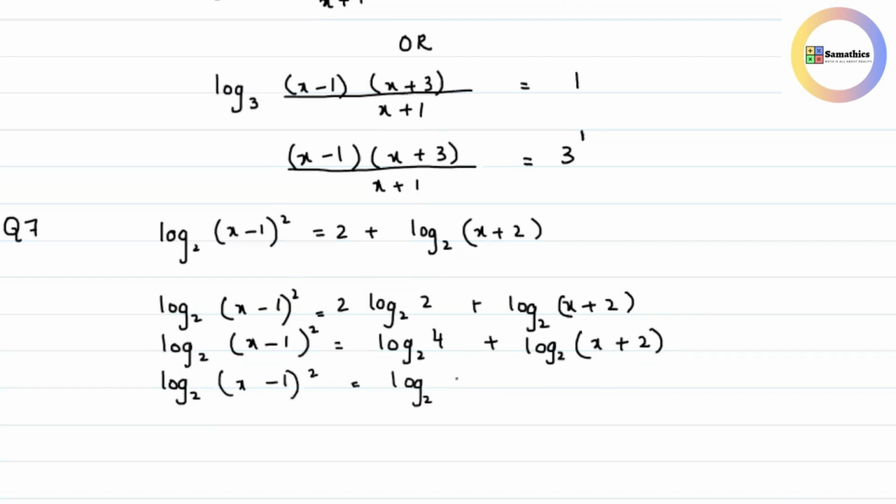So then we have log 2 (x minus 1) square is equal to log 2 of 4 plus log 2 (x plus 2). We have a plus sign, so we'll change it into multiplication, and then we can cancel out this log 2 and this log 2. Either do it in this way or bring this on this side.